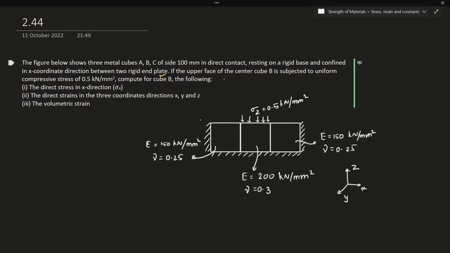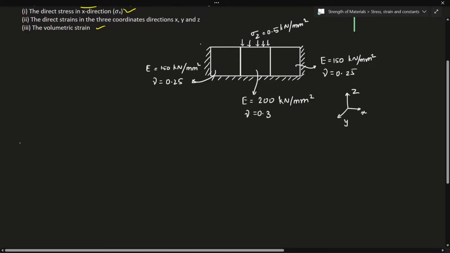If the upper face of the center cube is subjected to a uniform compressive stress of 0.5 kN per mm square, compute for cube B the following: the direct stress, the direct strains in the three coordinates, and also the volumetric strain. Right, so first of all, I'll try to solve case 1, which is the direct stress.